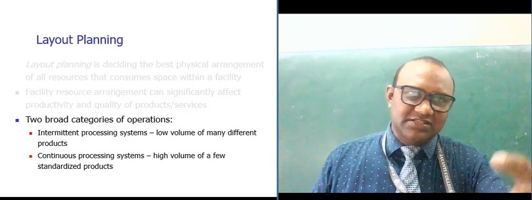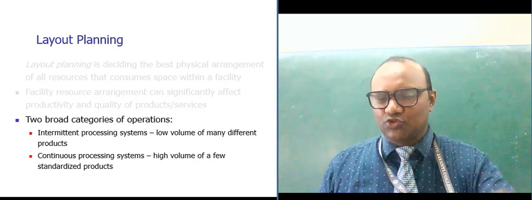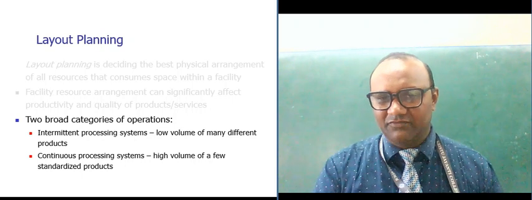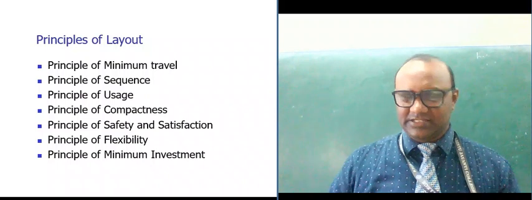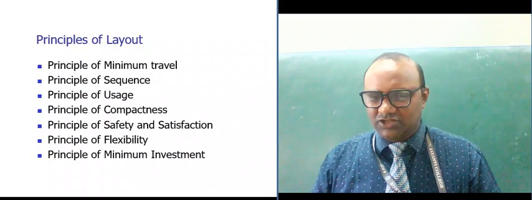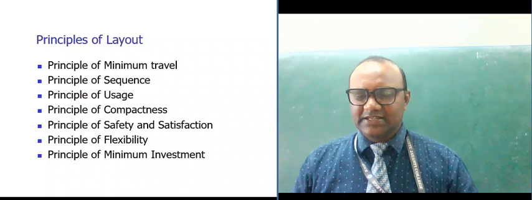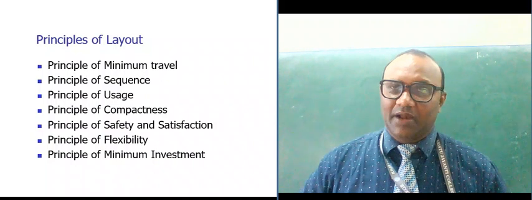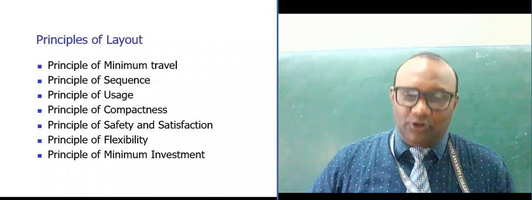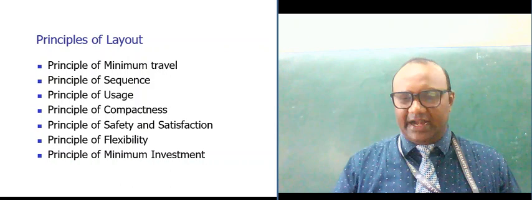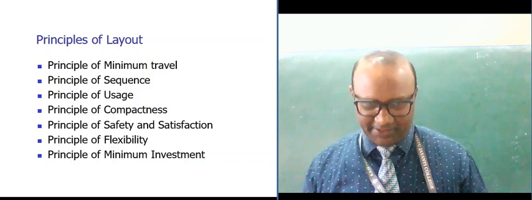If your product is of that sort of nature where it goes through different kinds of value addition, then you will have to go in for intermittent processing. So you've got to know the nature of the product and whether there is a requirement for specialized value addition or a standardized value addition is okay.